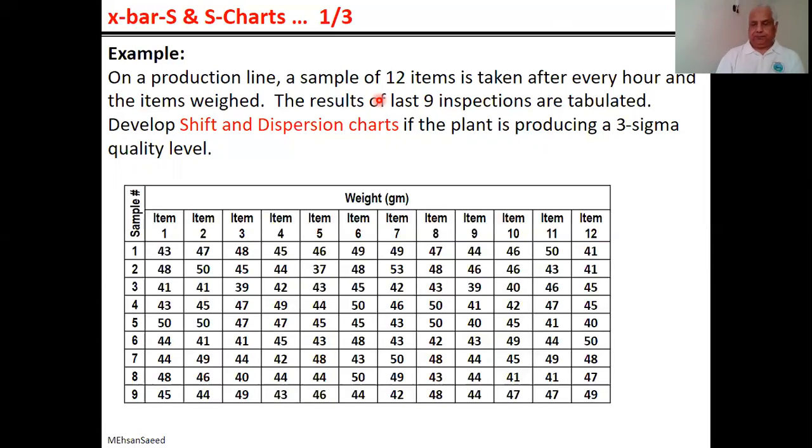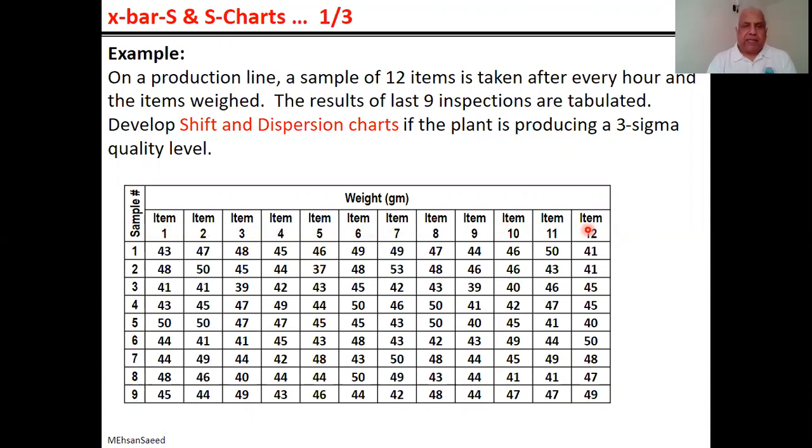Here is the data. 9 inspections. These inspections are samples, so 9 samples listed, and sample size 12 as indicated by the number of items from 1 to 12.